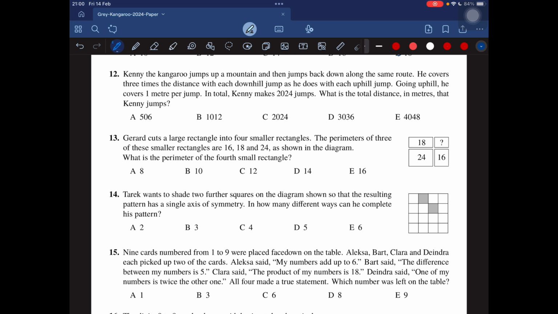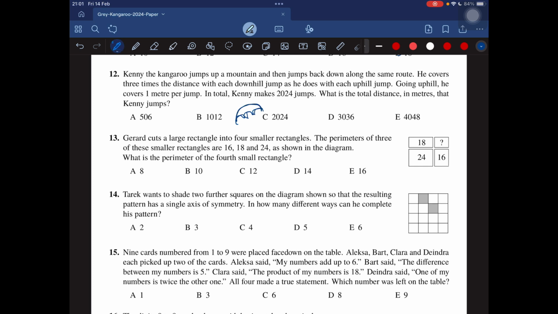He starts going up, and to go back downhill he needs 3 uphill jumps.